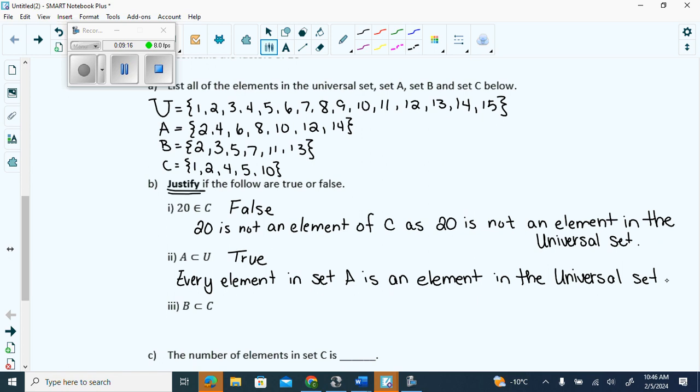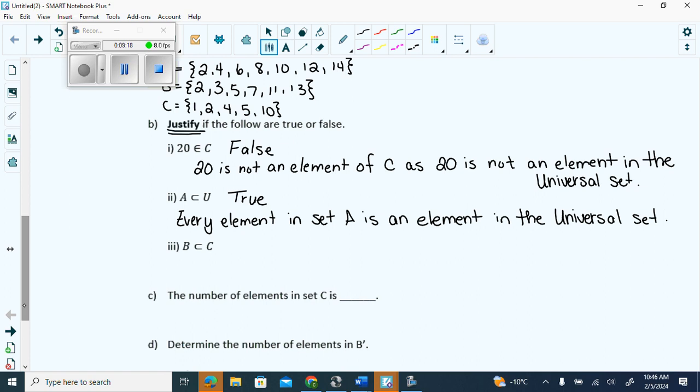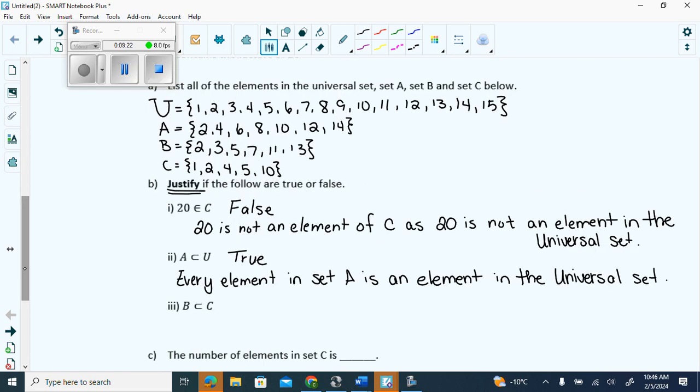All right. B is a subset of C. Is that true or false? False. What element in B is not in C? B has 3, 7, 11, and 13, correct?